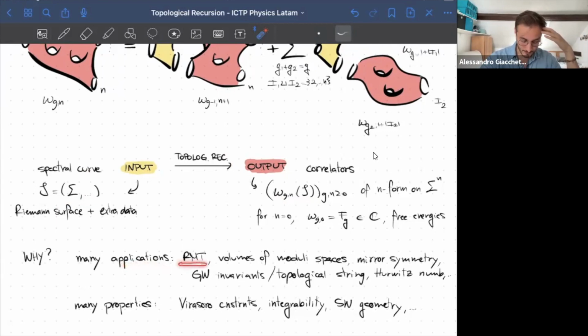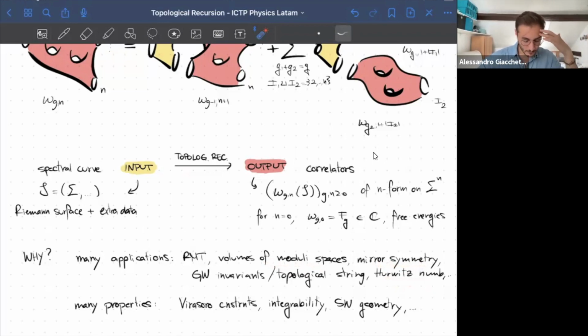Most notably, random matrix theory. This is how topological recursion was developed. But also many different things in geometry and physics, like volumes of moduli spaces, mirror symmetry, Gromov-Witten invariants, or in general topological string applications, Hurwitz numbers, and so on and so forth. We will see some examples later.